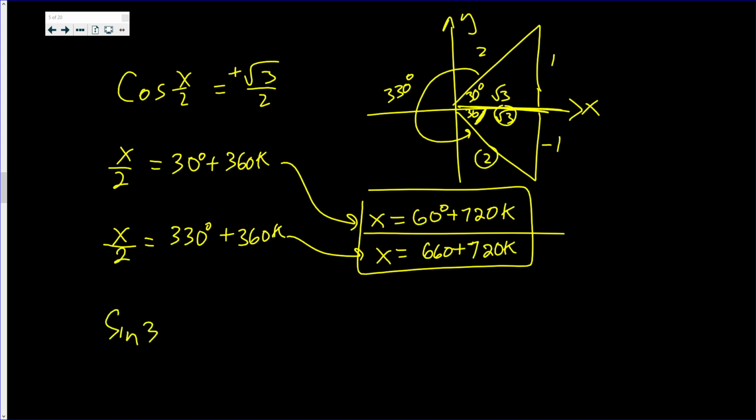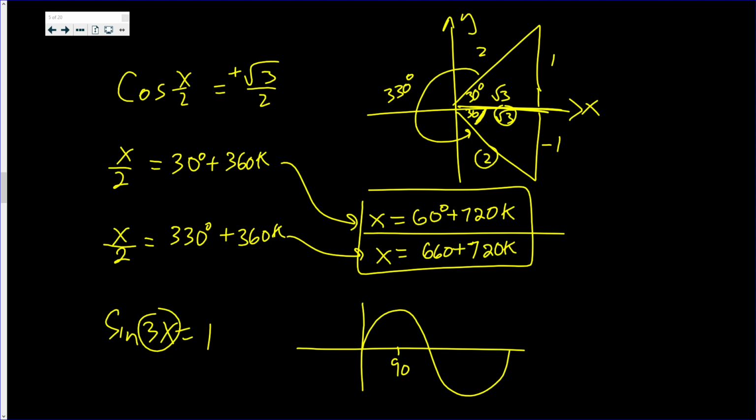The sine of 3x is 1. Okay. 3x is at 90, plus multiples of 360. I don't care what the angle is.